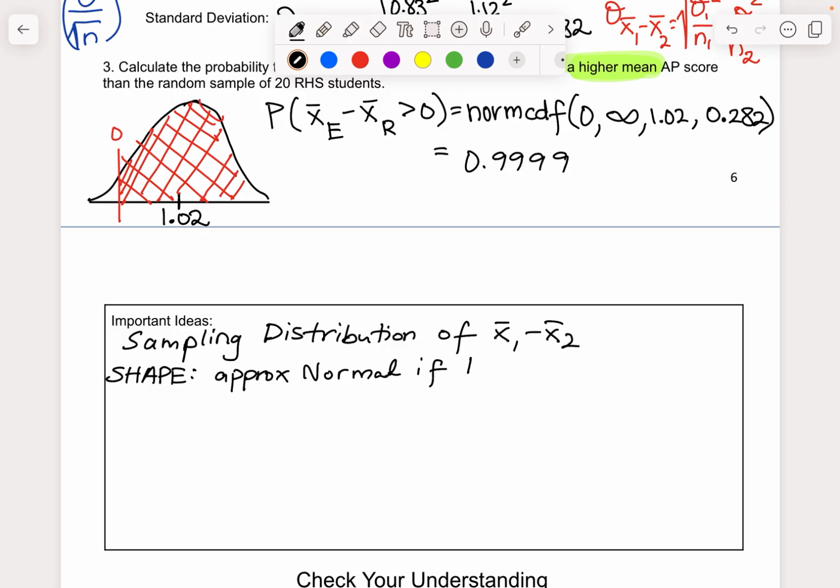if both sampling distributions, so both of the sub-sampling distributions, x bar 1 and x bar 2, are approximately normal.